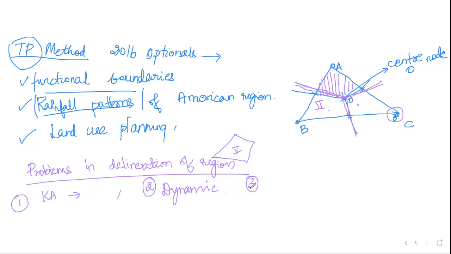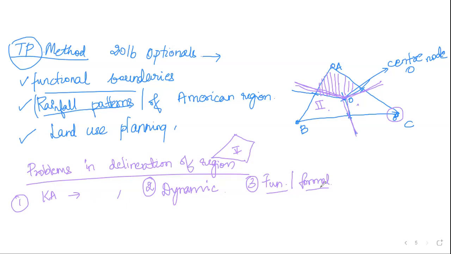The third important thing is the boundary classification that we have, which is the functional region and formal region. The classification of functional region and formal region is overlapping at certain points.